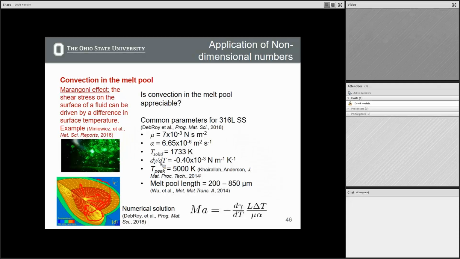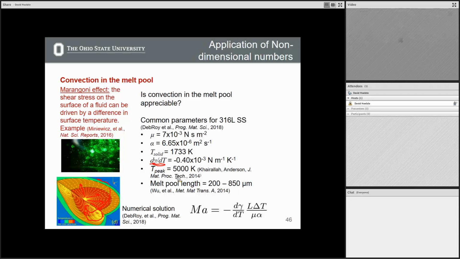We can look at this change in the surface tension with a change in temperature. Note the negative sign here. And also we can start to look at worst case peak temperatures. All right, so Ryan is reporting, I think, a peak temperature of around 2600 K, even for the highest case, 2900 K. There are cases that you can find in the literature where they're bringing the materials all the way up to, say, around 5000 K, which is very, very hot.